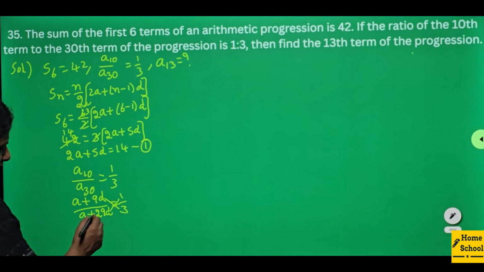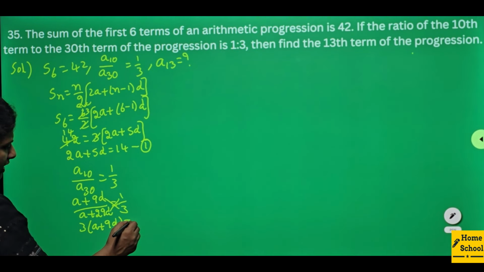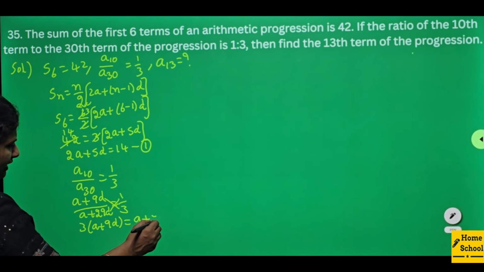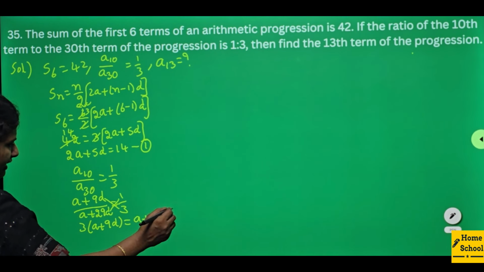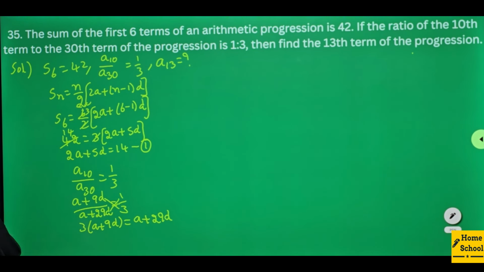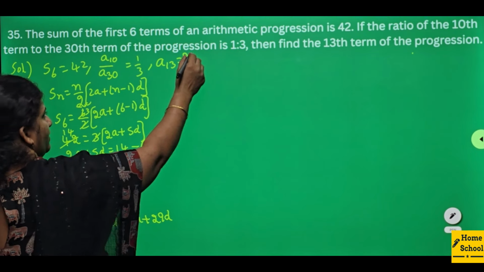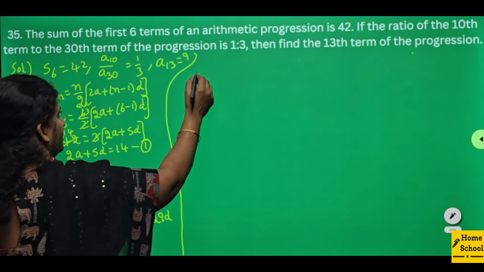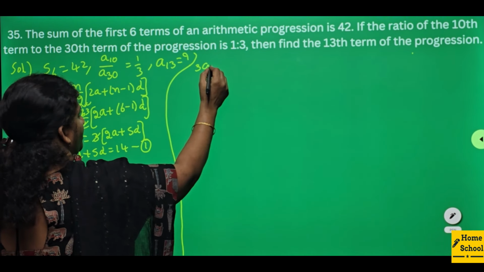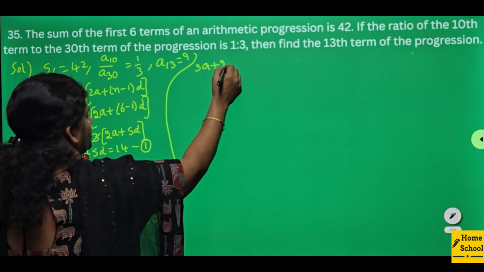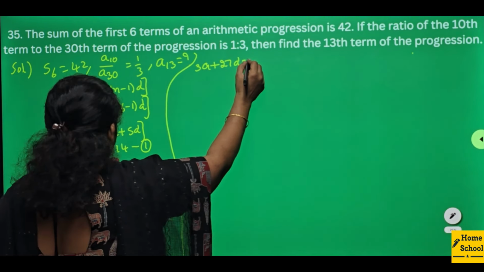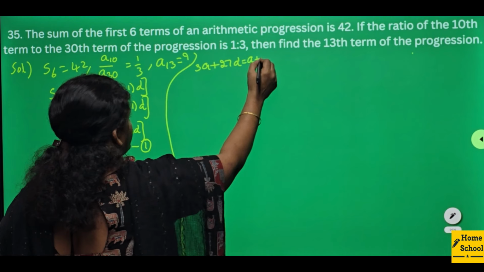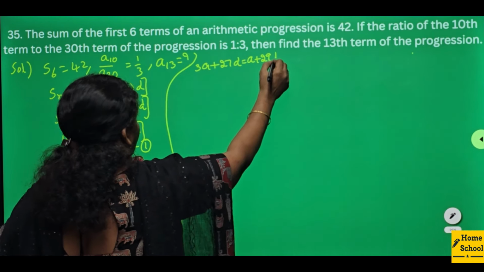Cross multiply. 3 into a plus 9d is equal to 1 into, directly I am writing a plus 29d. Remove bracket. 3 into a is 3a plus 9 3s are 27d is equal to a plus 29d.